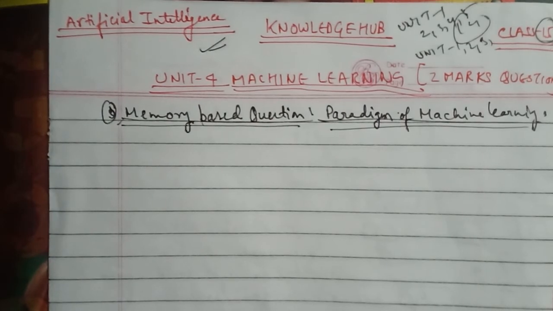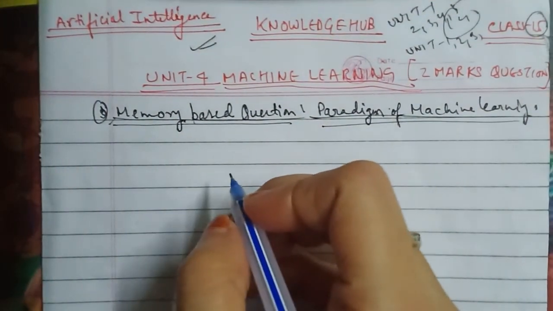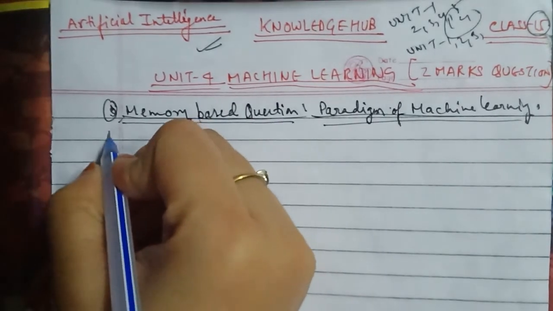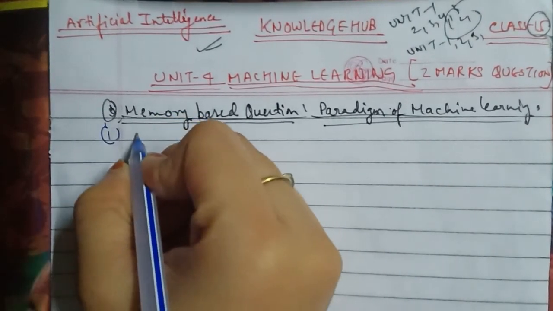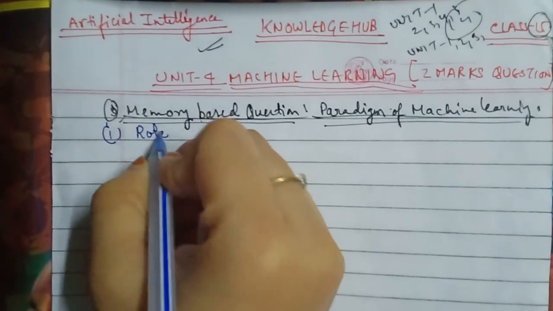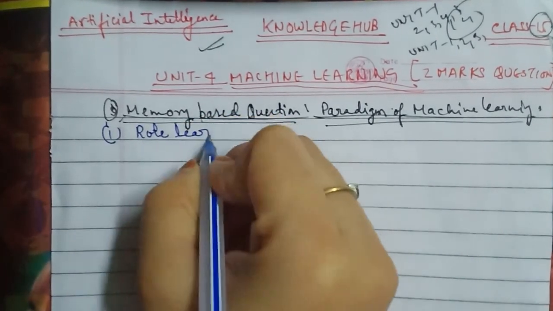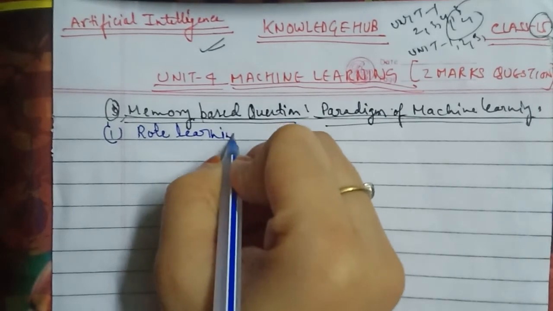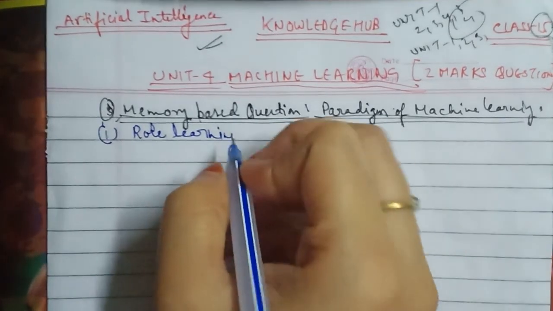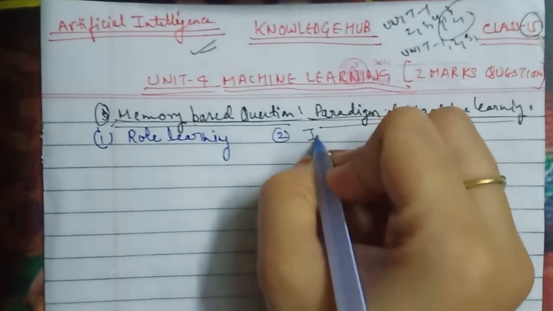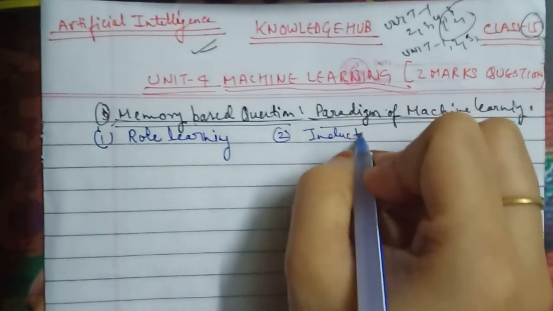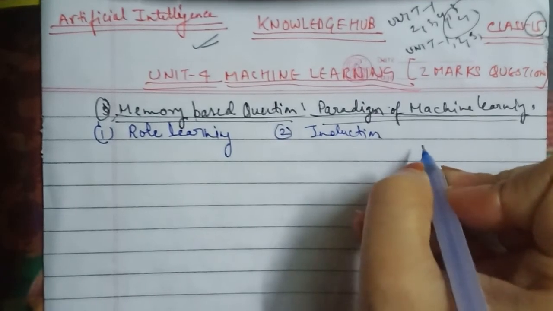The first major paradigm we have is rote learning. The second we have is induction, which is another paradigm of machine learning.